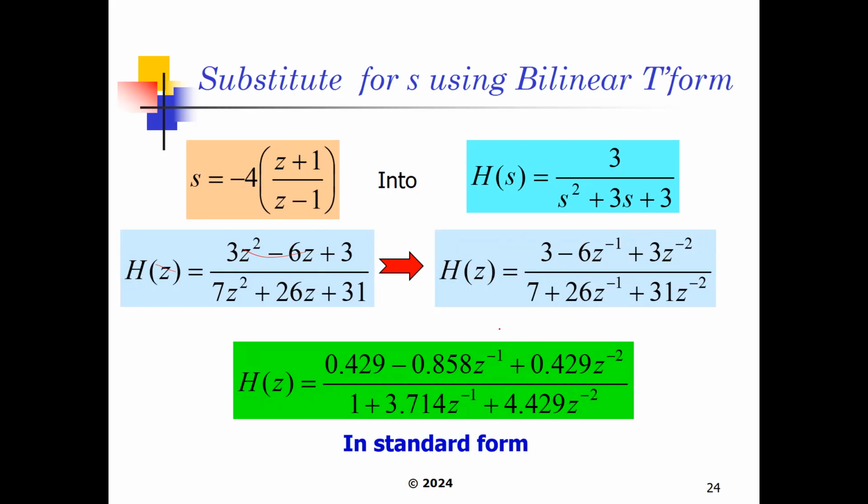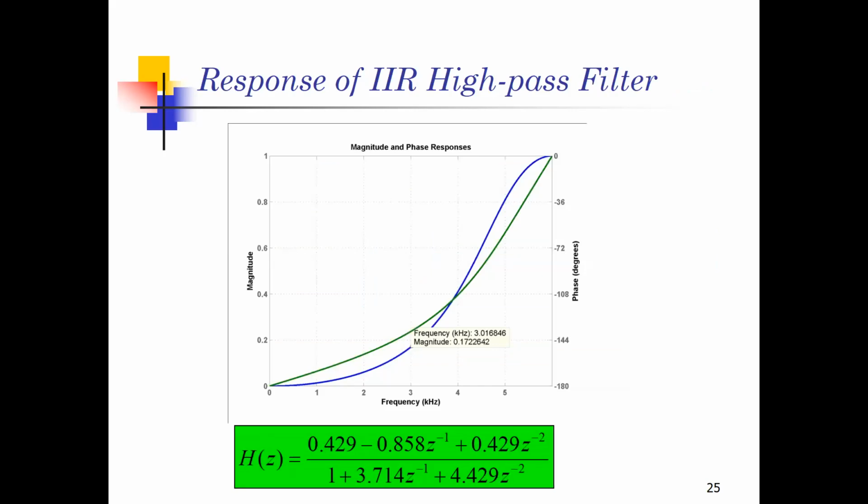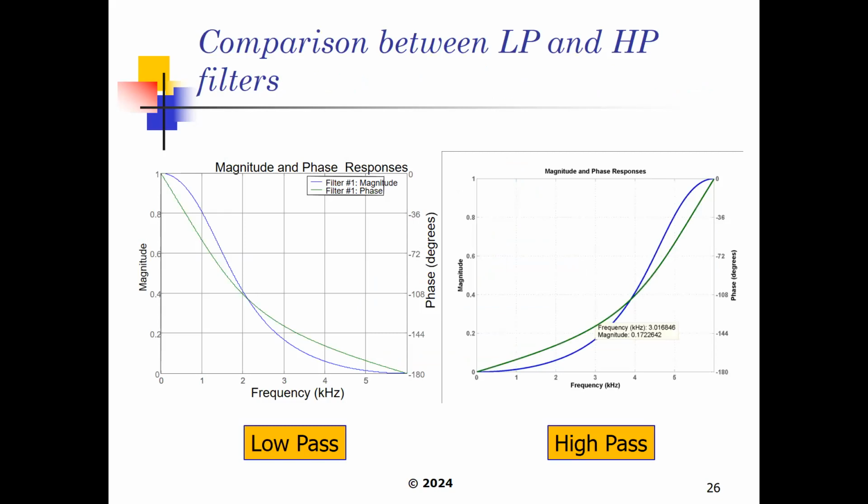Then to get this, you divide by 7. Look at the high frequency response, and notice the response at 3 kilohertz here. It's behind a little data point here, so I should remove that.